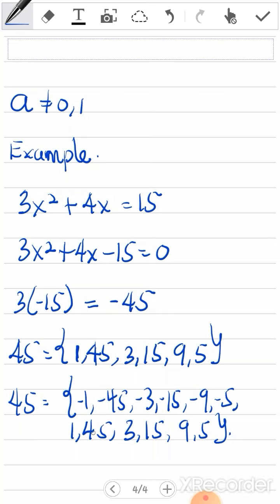When you multiply the two factors you get negative 45, but when you add them you get 4.